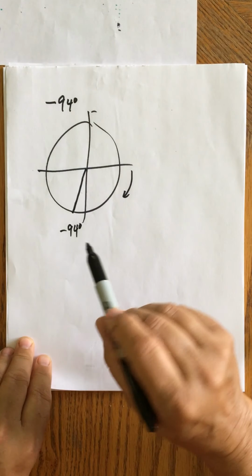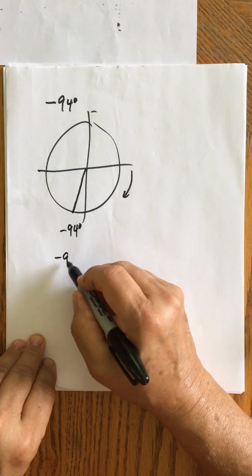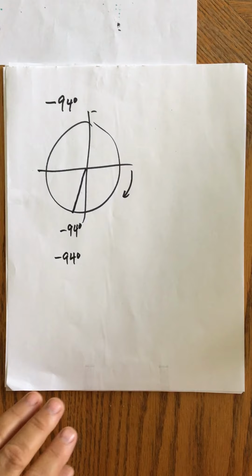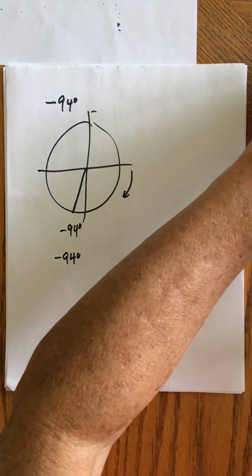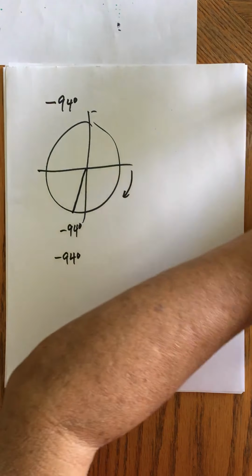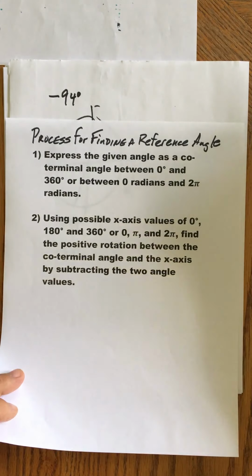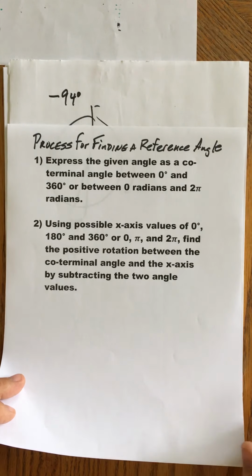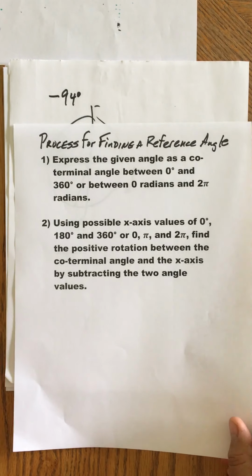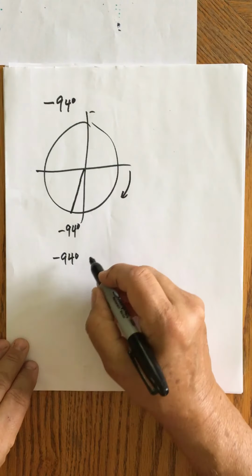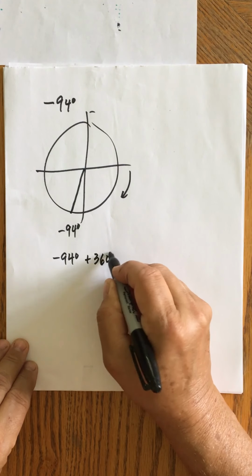It's really the same. If you were to use the process that we were taught by most books, express the angle as a coterminal angle first, and then find the nearest x-axis value and subtract. You would say, let me add 1 revolution, right?